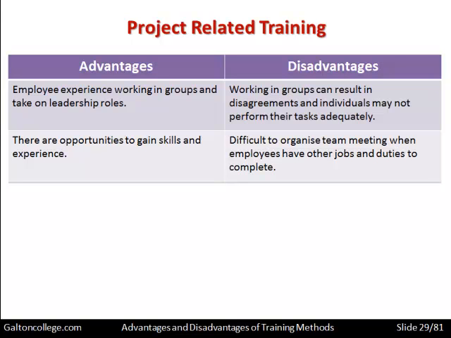It's difficult to organize team meetings when employees have other jobs and duties to complete. So working on a project, if it's not full-time, it may be difficult to organize team meetings, to try and get the whole team together to share their experiences and to plan out their work and be more analytical and more thoughtful about what they're doing.